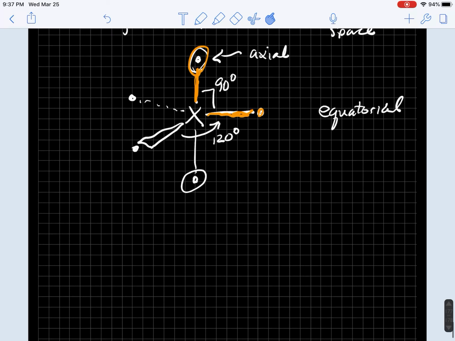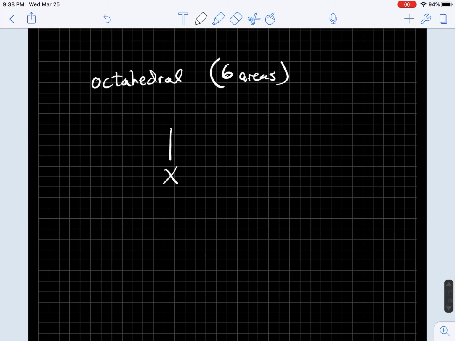And then the last family, which is the most common expanded octet, is something called octahedral. And octahedral requires 6 areas of space. And again, take the same format. You have the central atom. We're going to put the first atom, north pole, second atom, south pole, axial positions.